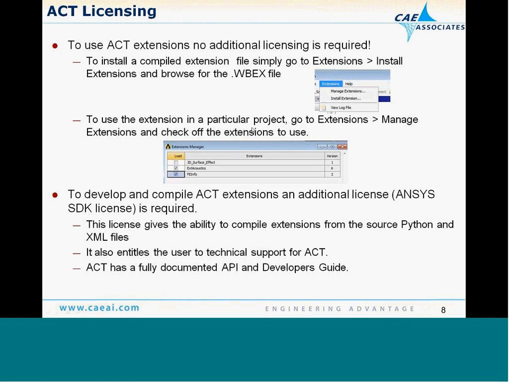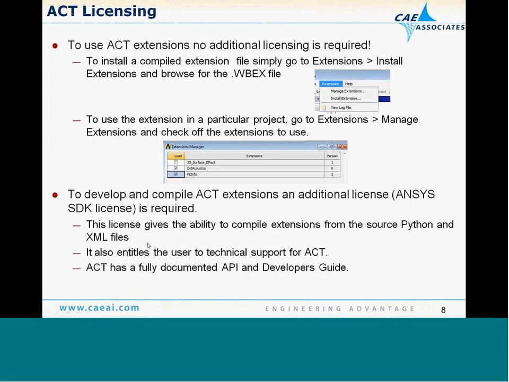Now, is there licensing or anything required for that? Once you have that extension, you can use it. There's no licensing or anything required for that. There is a license required to build the extension, though, or essentially a license to compile the XML and Python code. Since it's compiled, you can give it to anyone, and there's no license required.